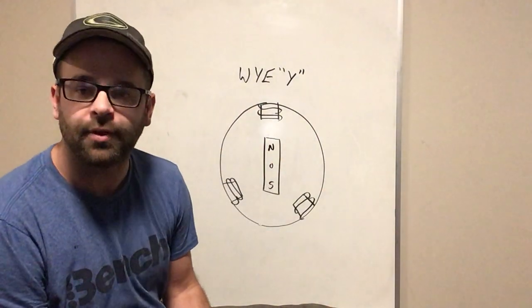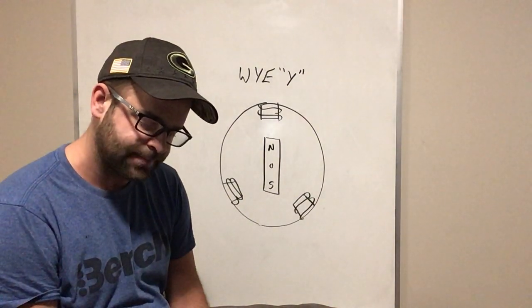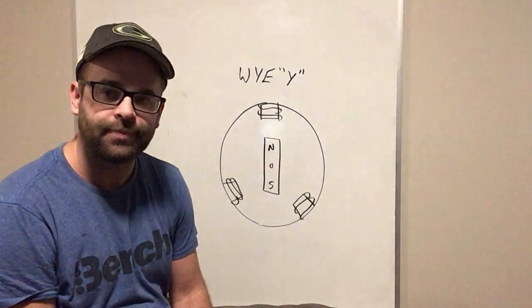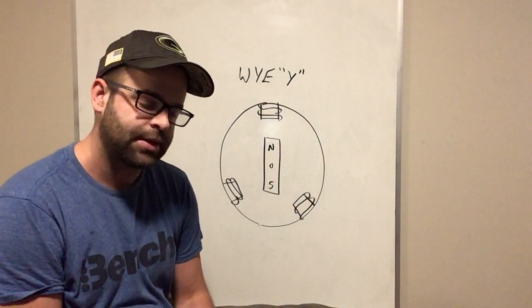And if you remember from intermediate theory B, there are 3 things that you need to produce voltage.